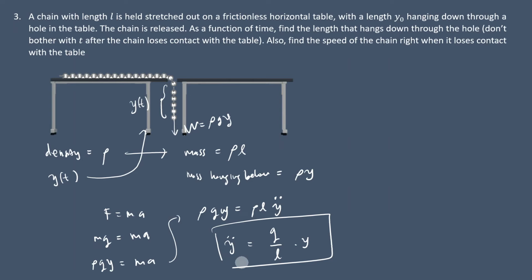The first method: since we have a function whose second derivative is proportional to itself, a good bet for the solution is an exponential function. And indeed, a quick check shows it works. We have y double dot equals g divided by L times y, so y double dot minus g divided by L times y equals 0.